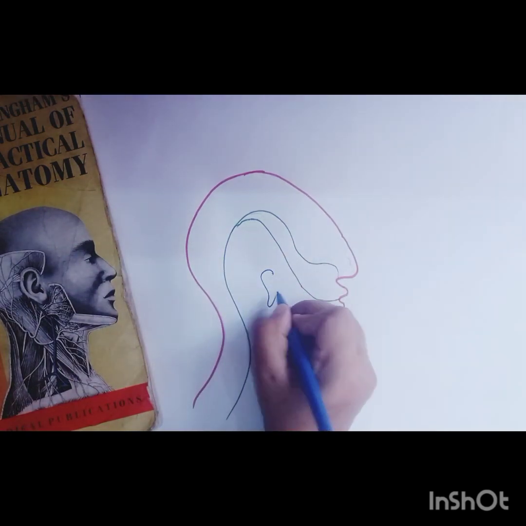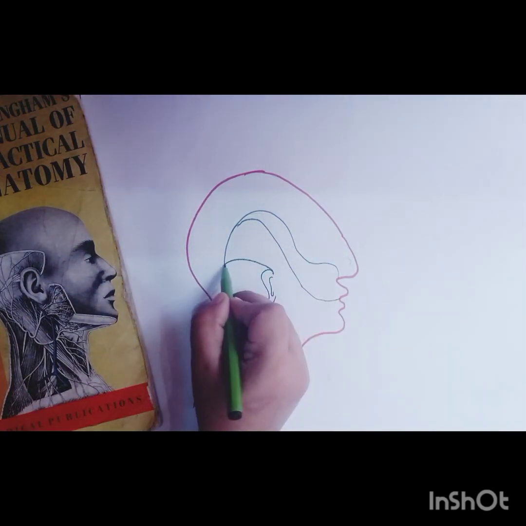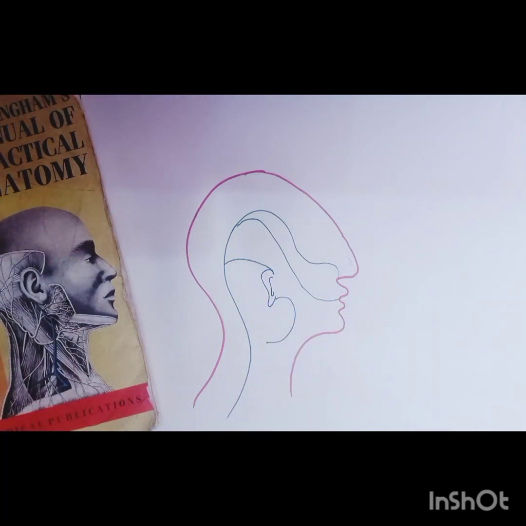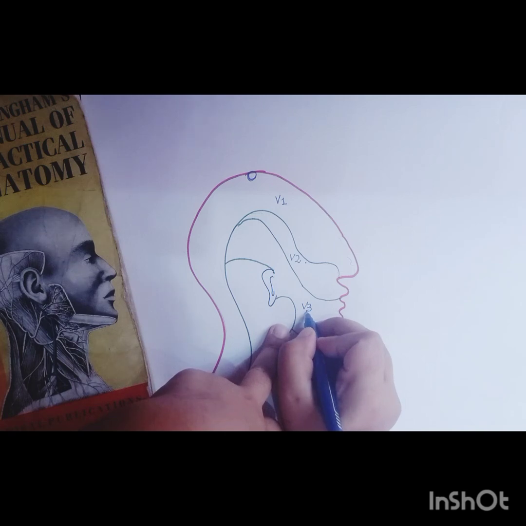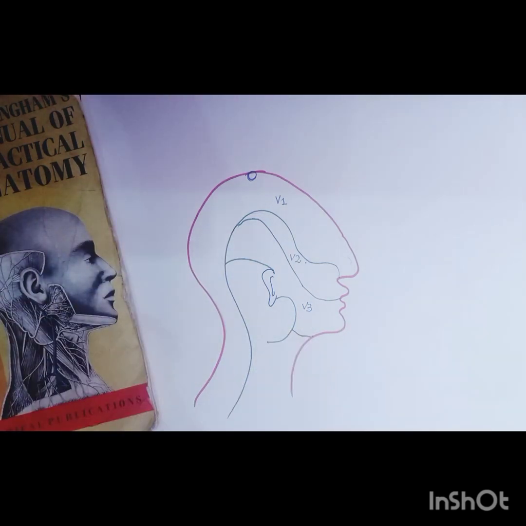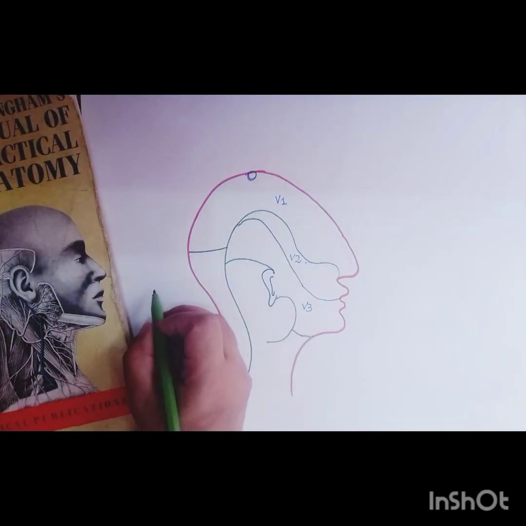Here is the auricular region and the infra-posterior region of the mandible. So now this blue point is known as the vertex, the top of the scalp, and anterior to the vertex is supplied by the first branch of the trigeminal, below is the second branch, and this is supplied by the third branch of the trigeminal nerve.